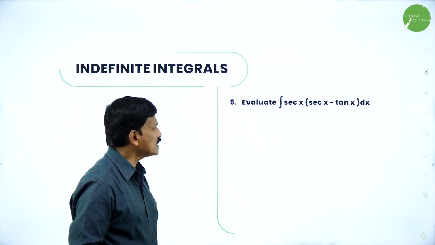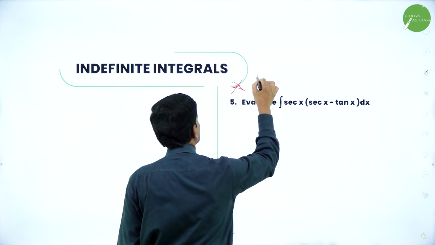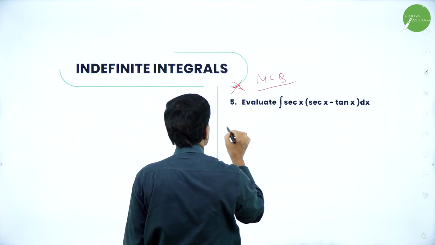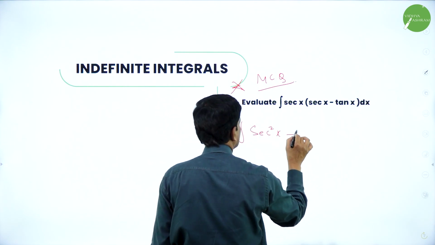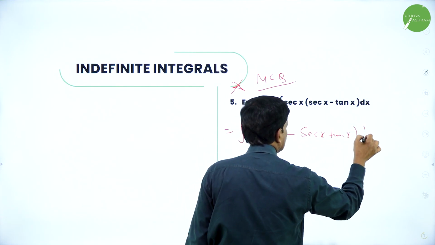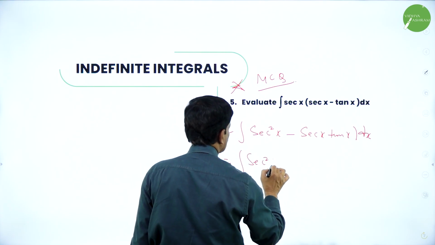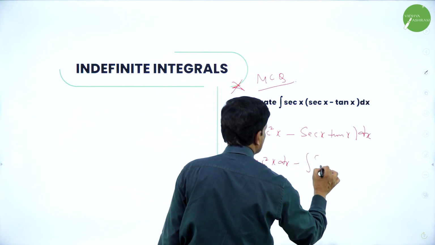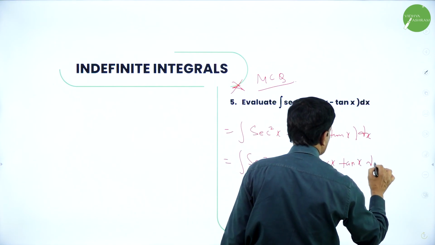Evaluate secant x into secant x minus tan x. This is also a very important problem for 1 mark MCQ. Just multiply it. Secant into secant is secant square x minus secant x tan x dx. Now if you integrate term by term, integral of secant square x dx minus integration of secant x into tan x dx.